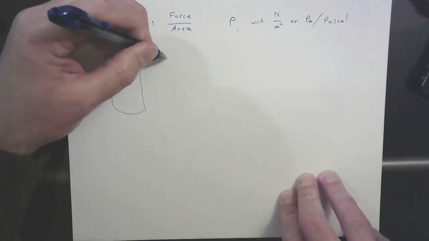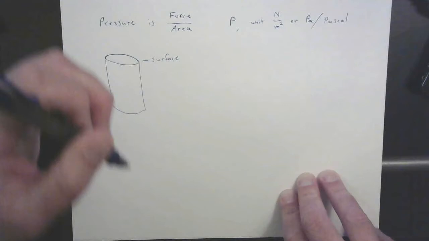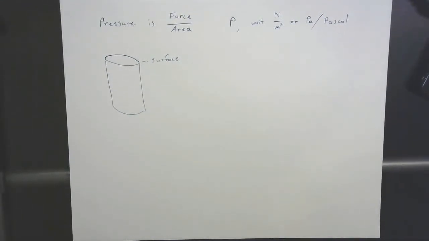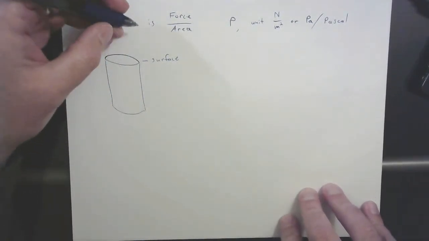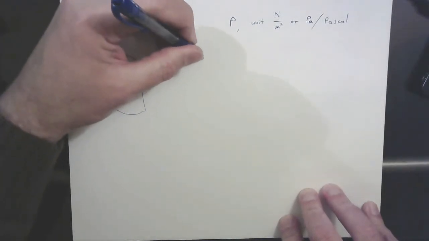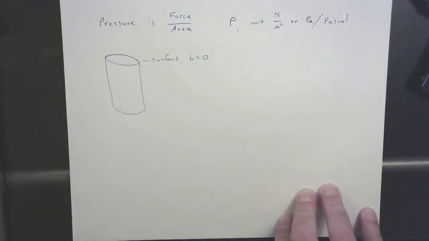So I'll just put surface. And we're going to count a coordinate, and I guess we'll call it H to agree with the book, but this H by convention is going to be going down. So we'll put H equals 0 there at the surface.